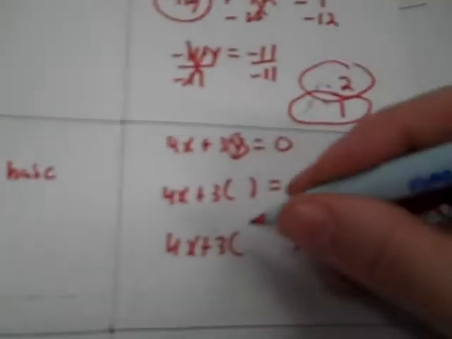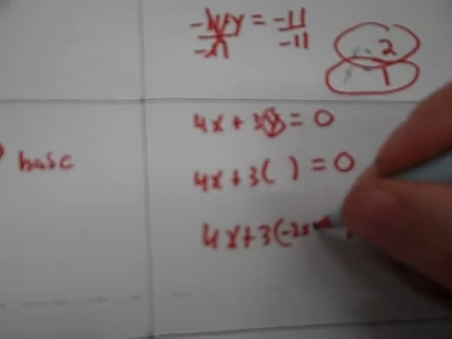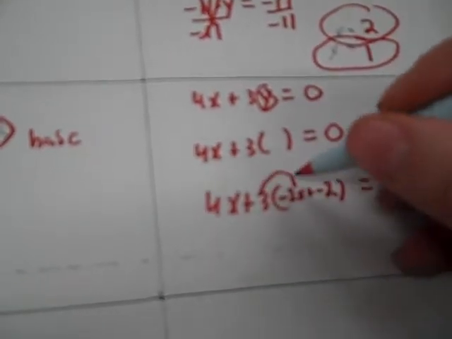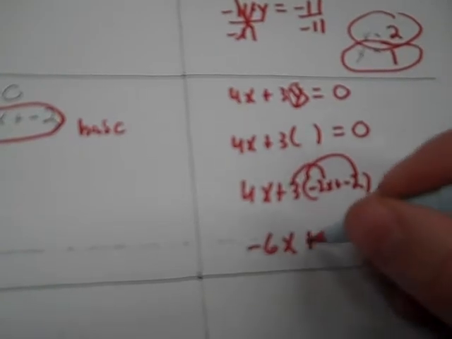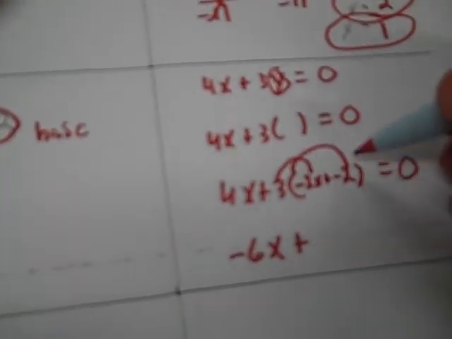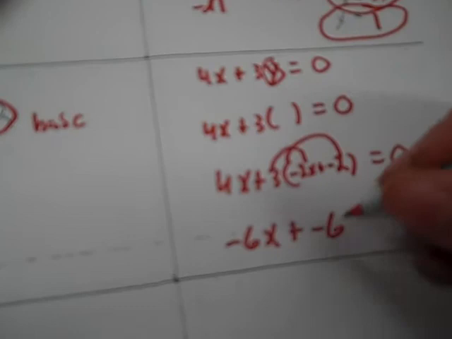It was equal to negative 2x plus negative 2. Okay, rainbows. 3 times negative 2x is negative 6 with x. 3 times negative 2 is negative 6. So here's the parentheses and the 3.